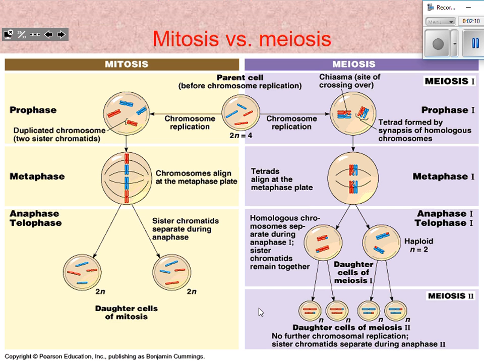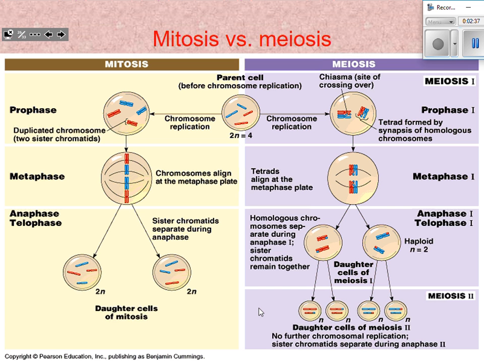We just said that they have two divisions. What else? I can't hear you. She said, and you couldn't hear it because she's got a soft voice, that the chromosome numbers were half.